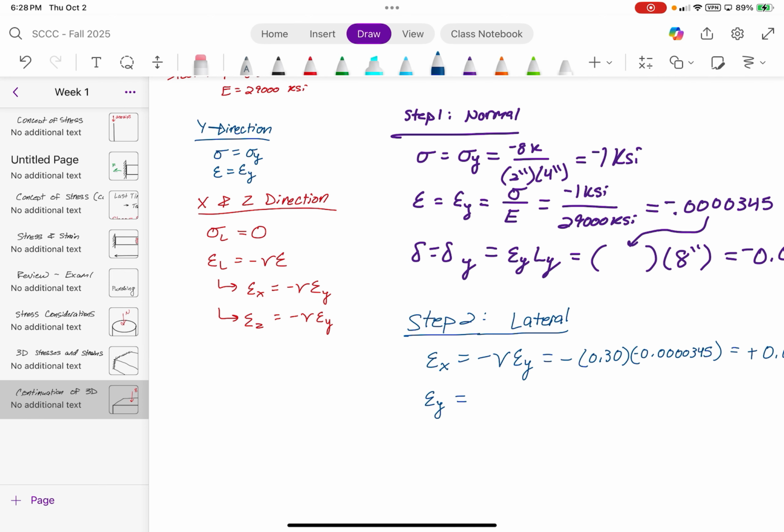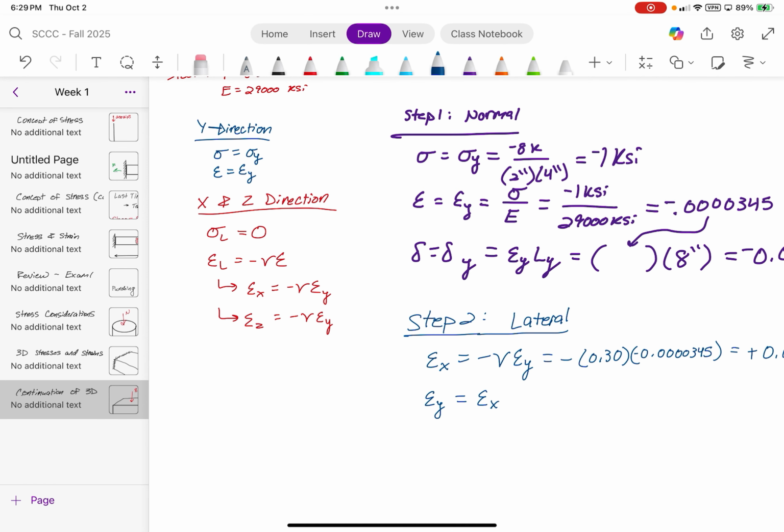We could just keep it as epsilon L, because the lateral strain is just the lateral strain, and it doesn't matter which direction, as long as that direction is in the direction in which it's going to be expanding or contracting with respect to compression or tension, respectively. Does that make sense? So epsilon y is just going to equal epsilon x.